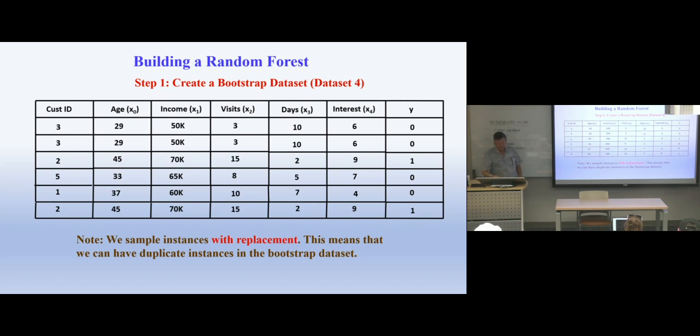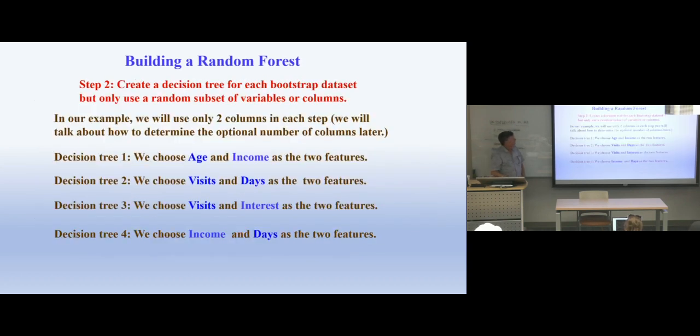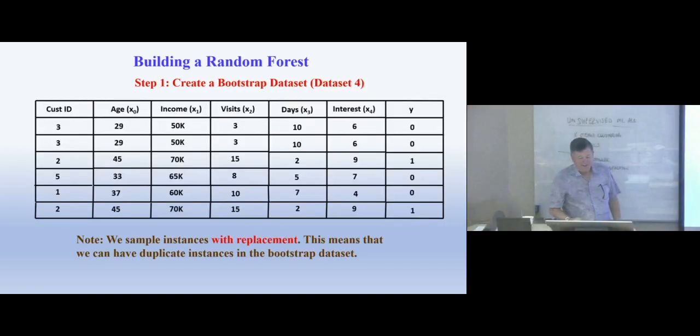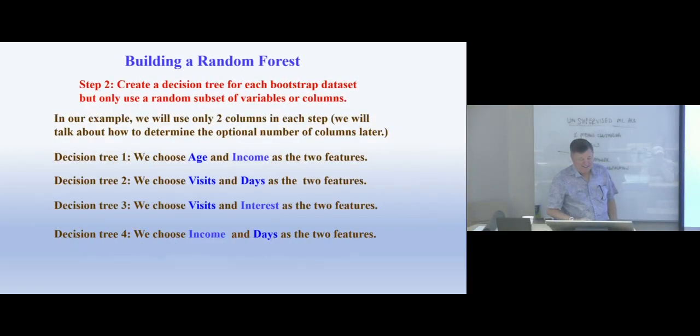Now, that's step 1. Step 2, a decision tree for each bootstrap data set. But I only use a random subset of the feature variables, or features, or columns. So there's data set 1, bootstrap 1. What are you going to do?